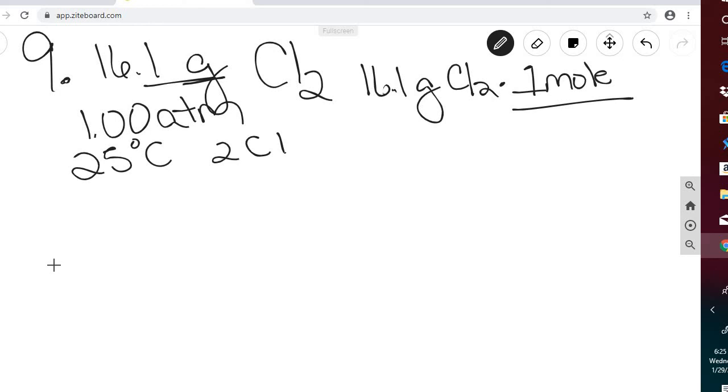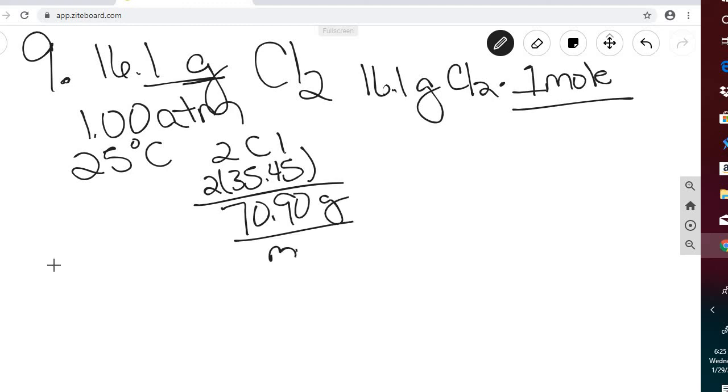So 2 times 35.45 will be 70.90 grams per mole. So we'll put 70.90 grams per mole here.